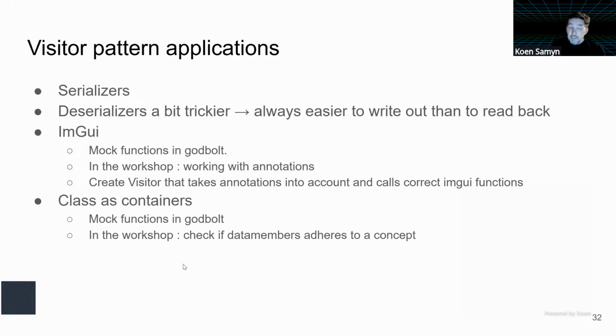Again, an interesting concept is classes as containers. So you store data members in your class by value, and you can reflect on those. And then your class becomes kind of a container that automatically can call functions on the values it contains.